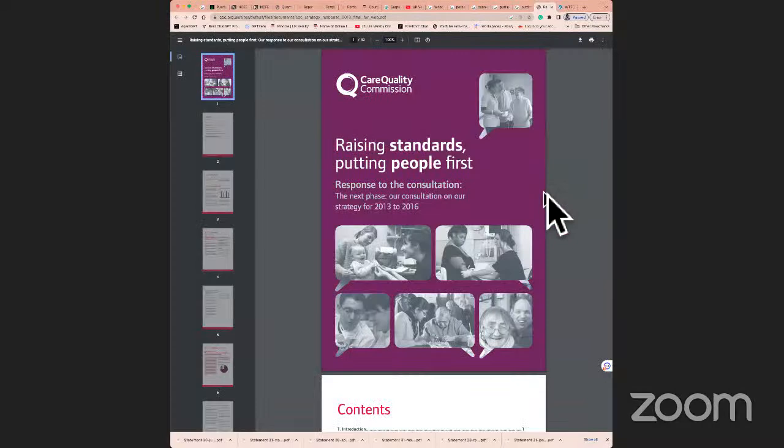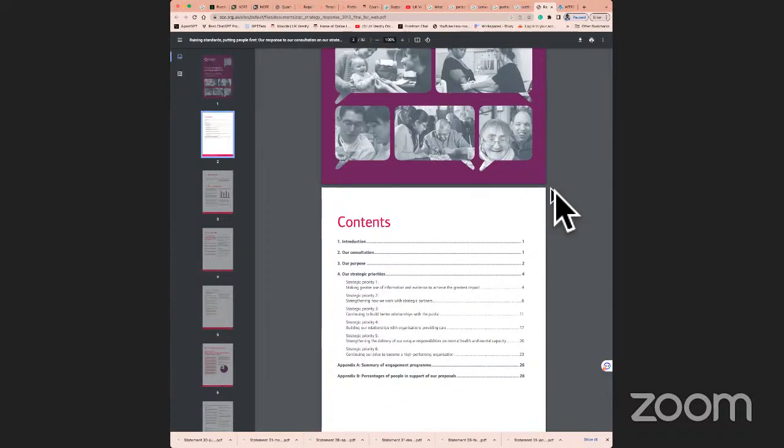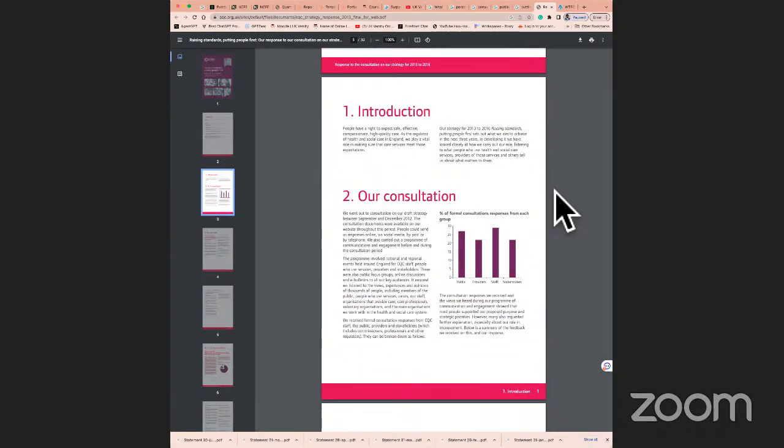So this particular approach was incorporated by CQC as well. They looked at this as an approach which will help raise standards in how care can be delivered to patients within the NHS. And the consultation which was run by CQC then allowed this approach to be incorporated into the NHS.